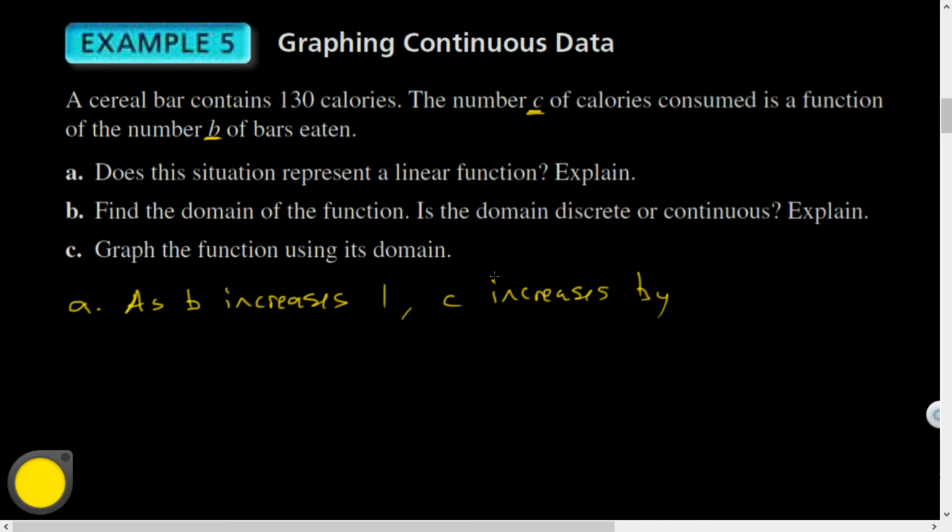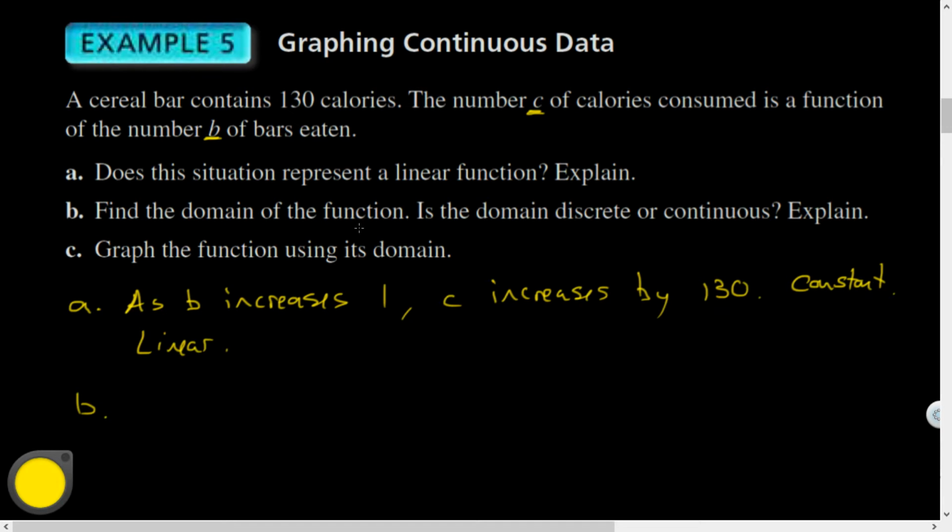How many more calories do I get for every 1 bar that I eat? Thoughts? 130 is the answer to the question I was asking. 130 calories, and that's a constant rate of change. All right, so this is constant, and therefore it is a linear function.